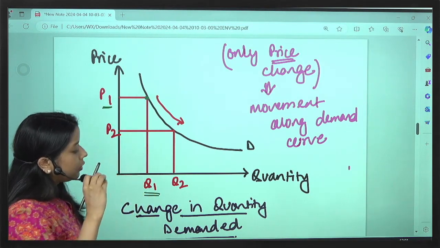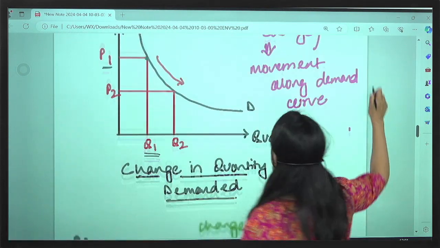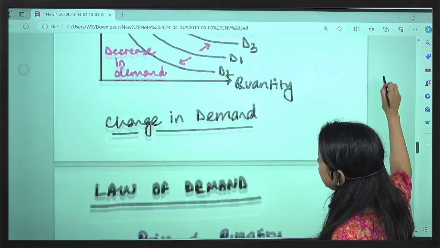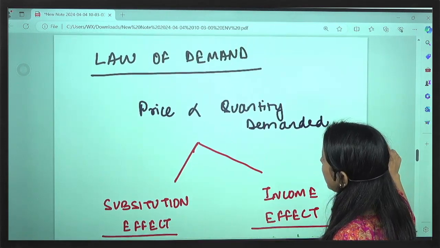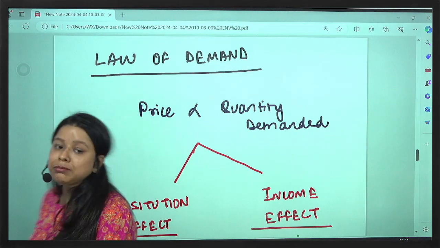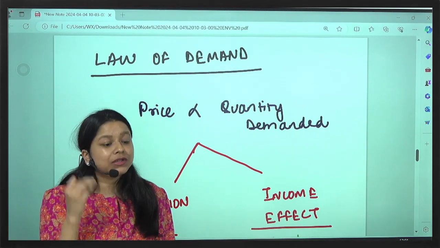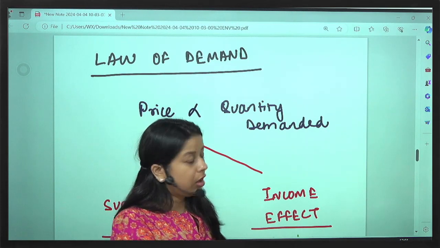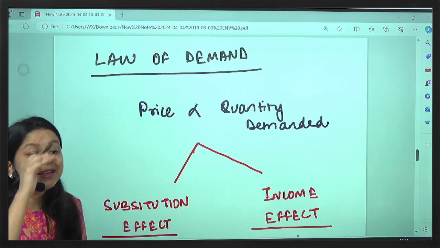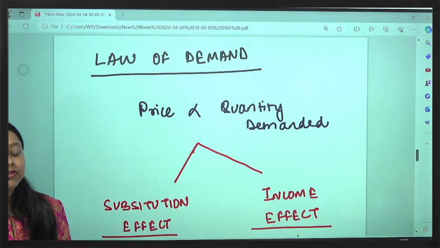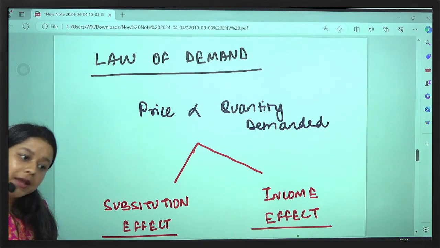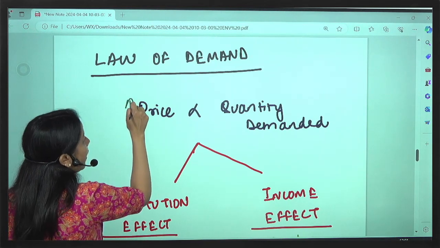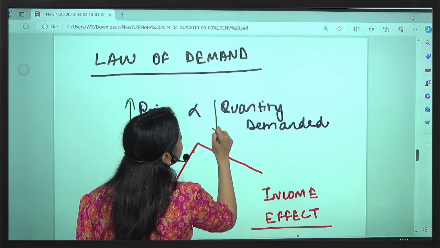So now, just before coming to this graph, I'll quickly explain the concept of the law of demand. What do you mean by law of demand? As the price of a commodity or a good increases, you will buy less quantity of the good. Right? So if the price goes up, quantity demanded goes down.